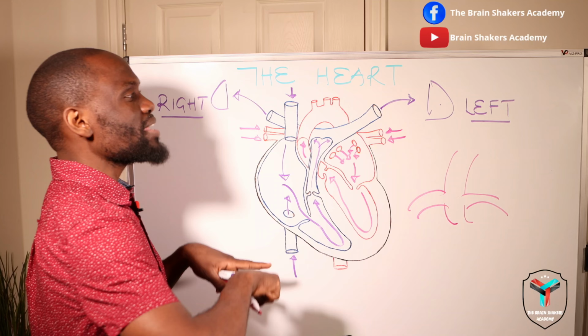So blood comes into the right atrium, meaning that as blood comes into the right atrium, the pressure in the right atrium is also going to increase. Once blood gets to the right atrium, it will have to get through the tricuspid valve into the right ventricle.